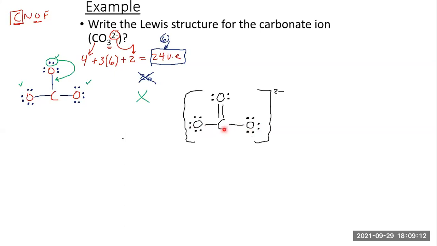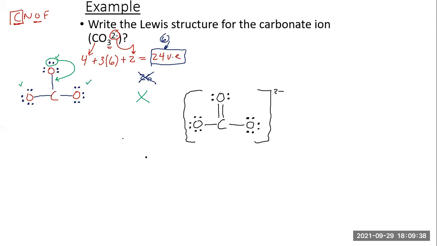Carbon in the middle, 2, 4, 6, 8 with the double bond. Oxygen on top, 2, 4, 6, 8. Everybody has 8 valence electrons, and we have a grand total of 24 electrons, and this would be the correct structure for carbonate. Question on that move there.